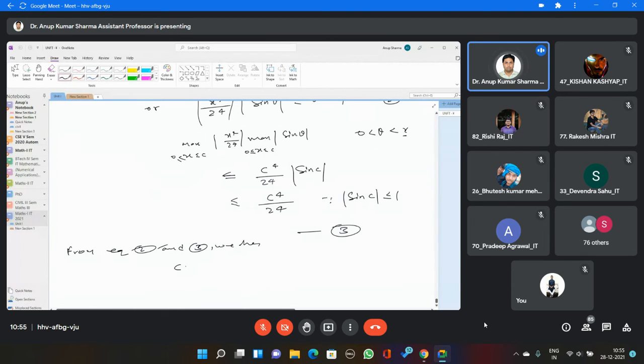So c to the power 4 upon 24 is less than or equal to 0.01. So this implies c to the power 4 is less than or equal to 0.24.